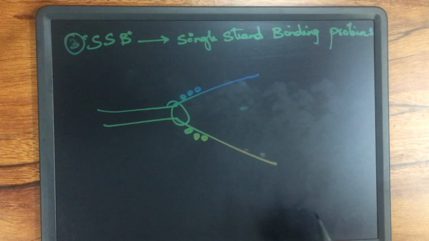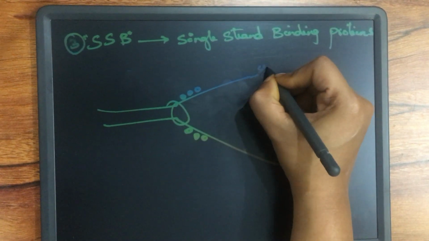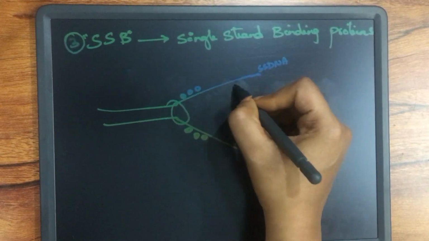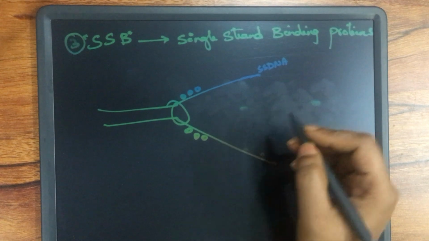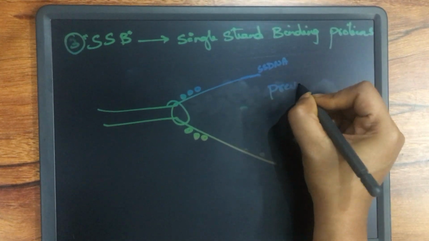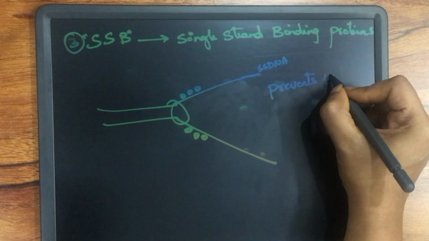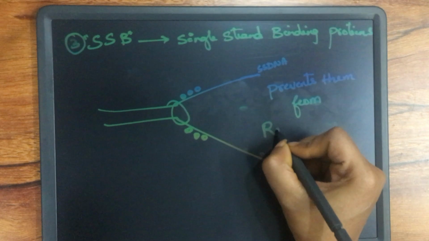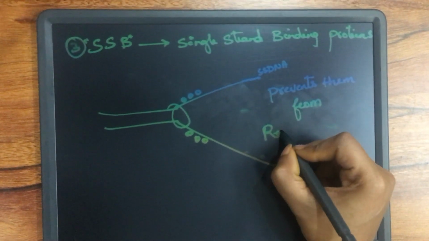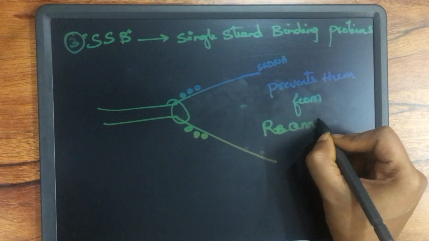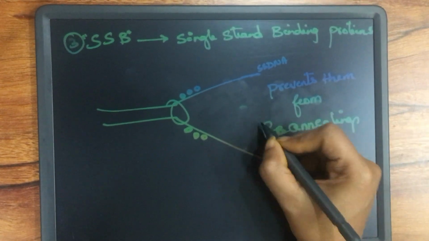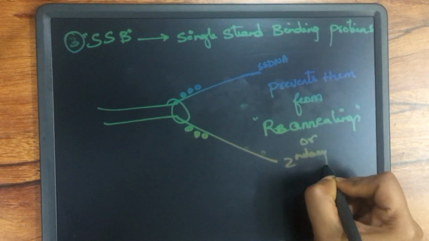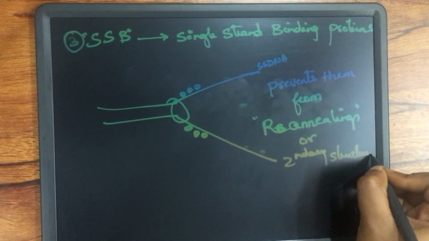These proteins prevent the single-stranded DNA from forming a secondary structure among itself, or prevent it from re-annealing, that is, rebinding.